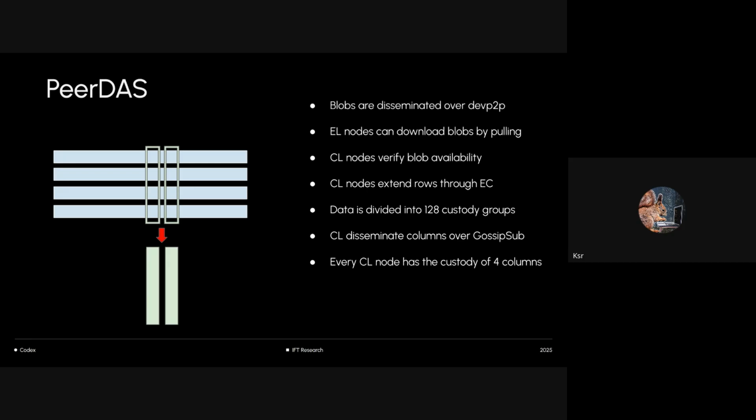And one more question, just to clarify: when you said dissemination starts at several points, that's because blocks have been shared on the execution layer, and there are several entry points where they enter the gossip subnetwork. Exactly.